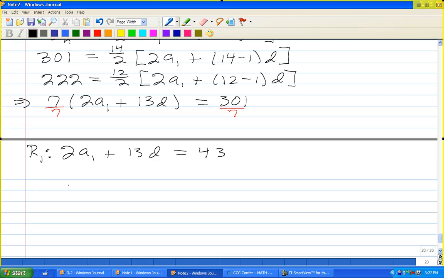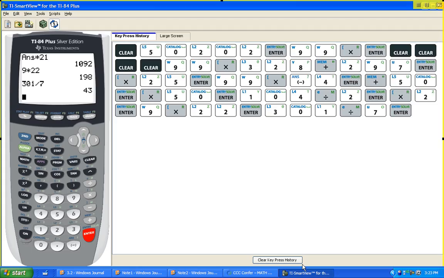Similarly, I have 222. Maybe I'll write it the other way. I have 12 divided by 2 is 6. I have 2A1 plus 11D equals 222. So I can divide by 6. So 222 divided by 6 is 37.